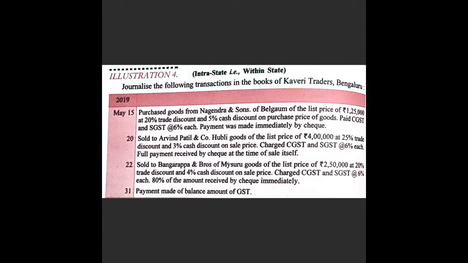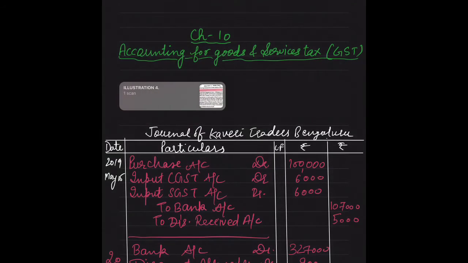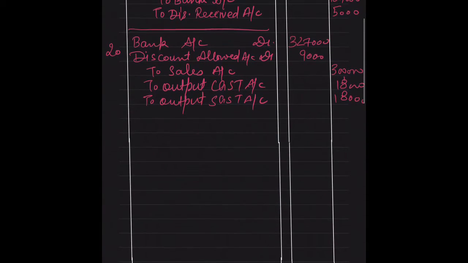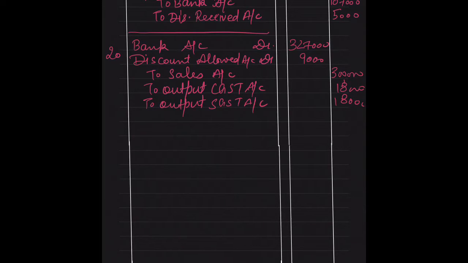The next entry: sold to Bangarappa and Brothers of Mysore goods of the list price of 2,50,000 at 20% trade discount, 4% cash discount on the sale price, charged CGST and SGST at 6% each, and 80% of the amount received by cheque immediately. That means 20% is on credit. It is a sale case. Now what will be the entry? The date of the entry is 22.